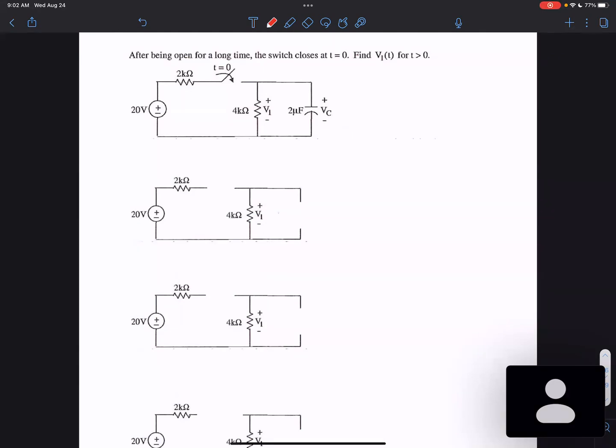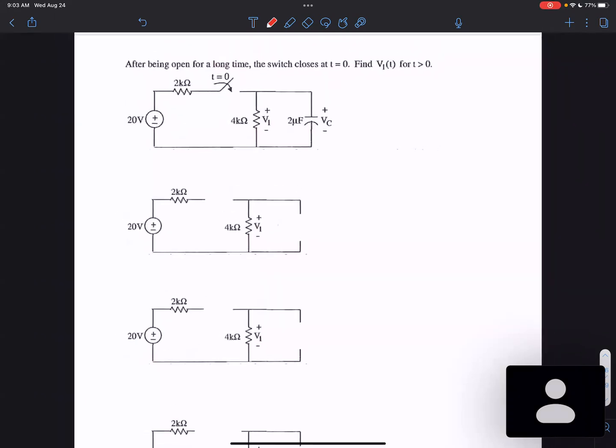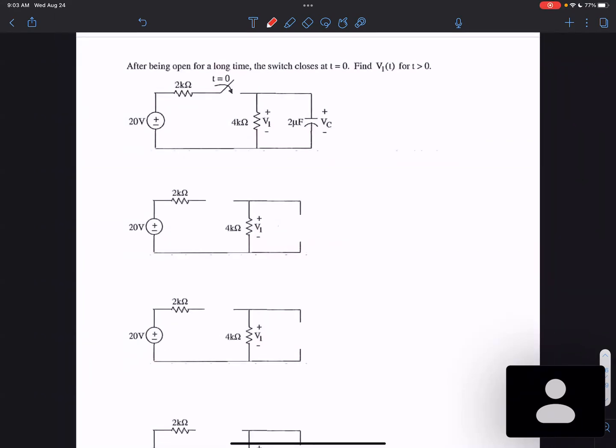All right, for you guys that are online, I think you can annotate on this, or if you want to just take a picture. I'm going to put you guys in a breakout room.